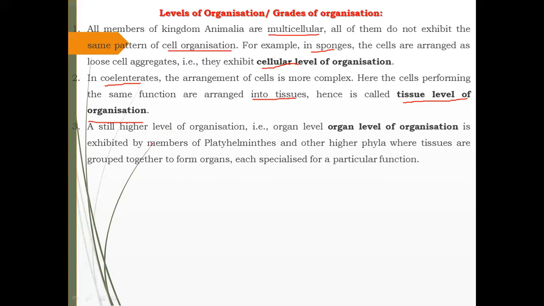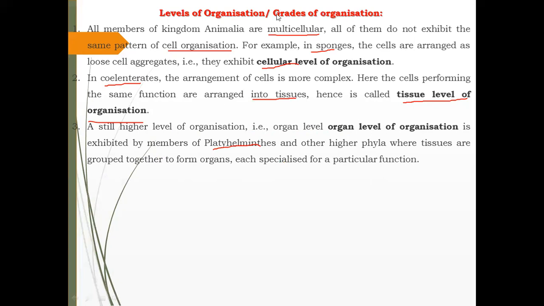A still higher level of organization, that is organ level of organization. Organ level of organization is exhibited by members of platyhelminthes and other higher phyla, where tissues are grouped together to form organs, each specialized for a particular function.